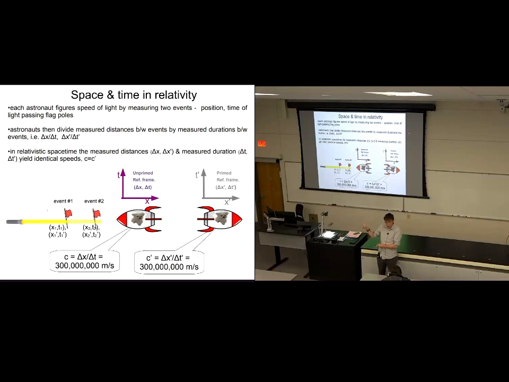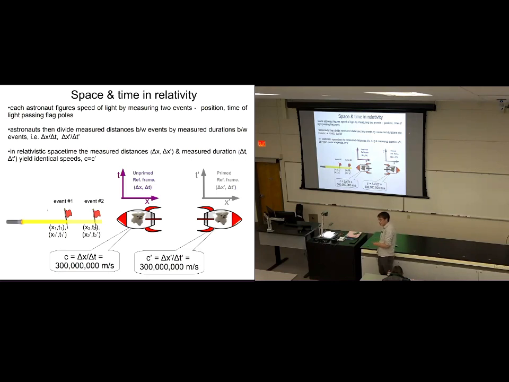The two astronauts will also record the times of that event and the locations of that event in their reference frames. So they're going to measure the speed of the light ray by measuring the times and positions of the light ray passing the first flag, and then the times and positions of the light ray passing the second flag.